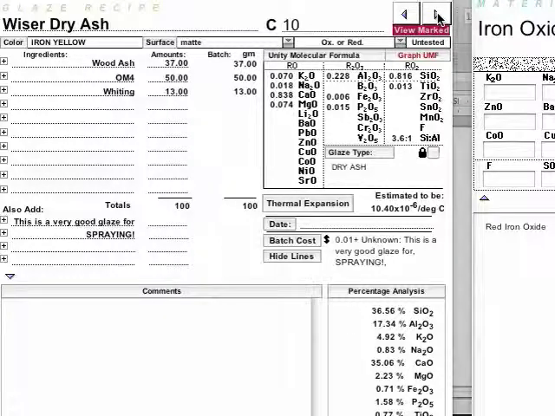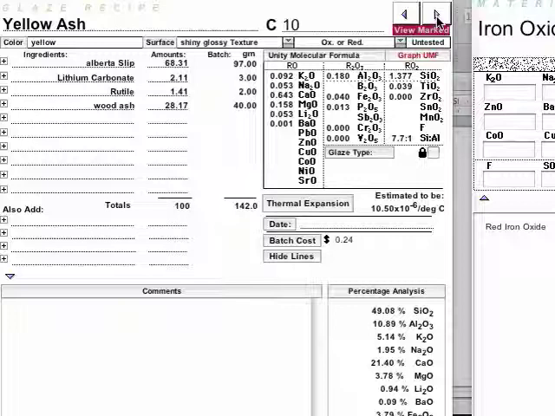Wiser dry ash, similar thing, low amount of silica, twice the amount of iron that the light green glaze had. Here we have wood ash, which is really a source of silica and limestone, whiting, and clay. Yellow ash, same deal.